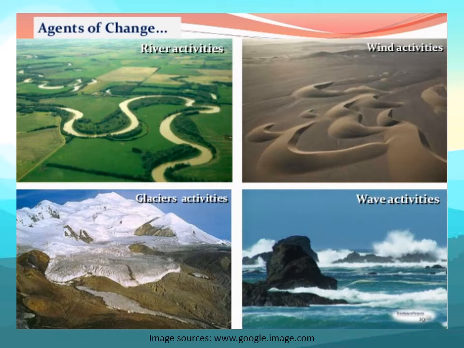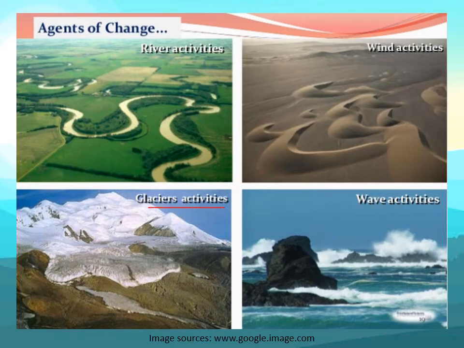In the second case, wind activity in dry conditions in a desert area will form different kinds of meter-scale high dunes of sands. In the third picture, glacial activities are found in high altitude hillocks.